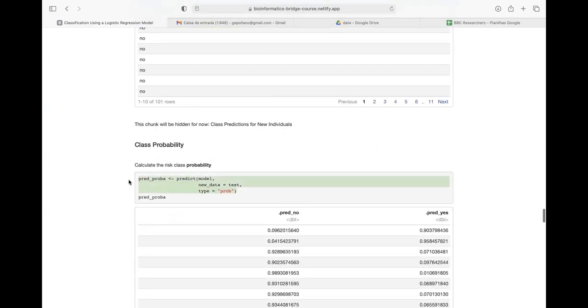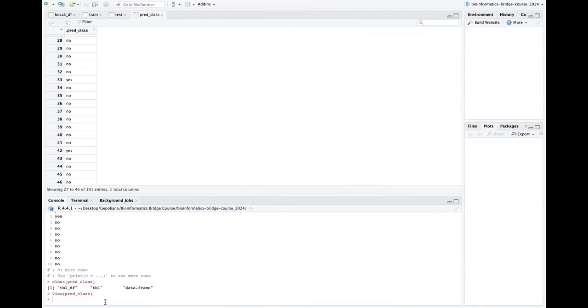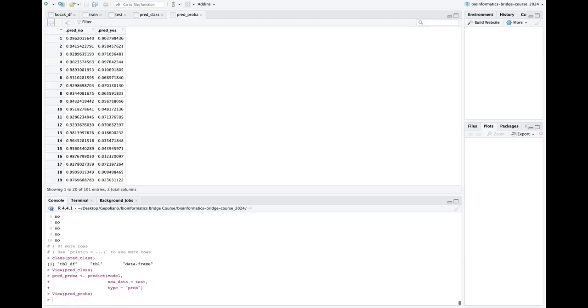So let's take a look here. We can also view the predicted probability. So for this patient, the predicted probability was 90% that the patient is high risk.